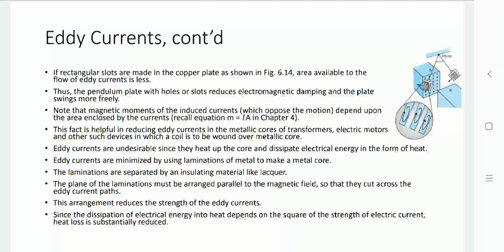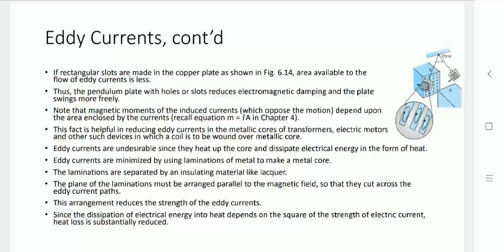If we provide insulation around the metal, then eddy currents can be minimized. The laminations must be arranged parallel to the magnetic field so that they cut across the eddy paths. Basically, we want to reduce the eddy current, which is an undesirable component that generates heat dissipation. If we reduce that heat dissipation, my plate can swing easily.